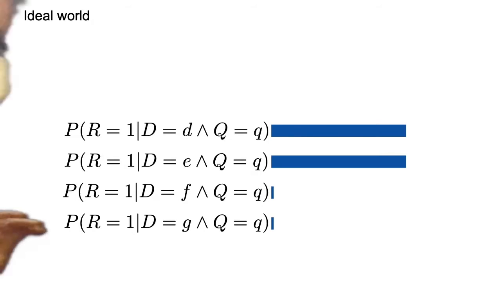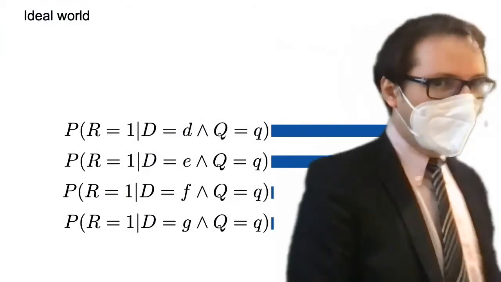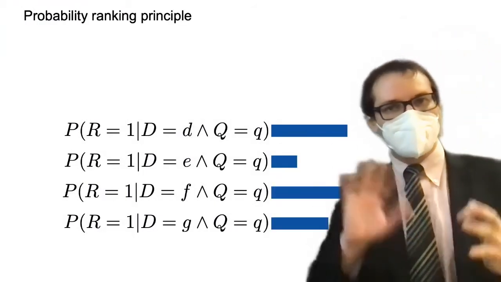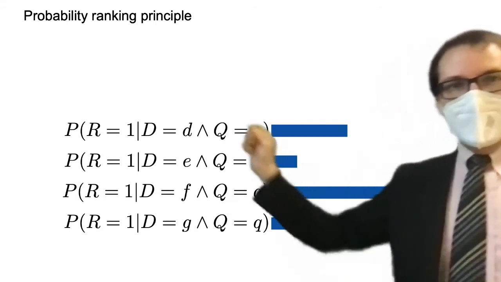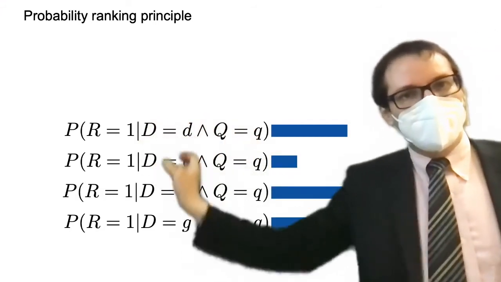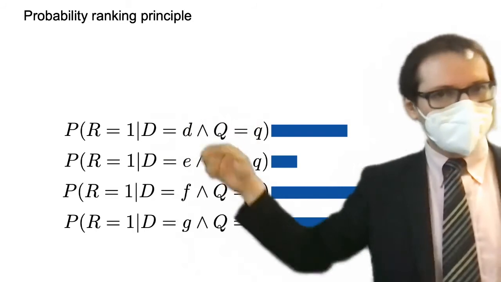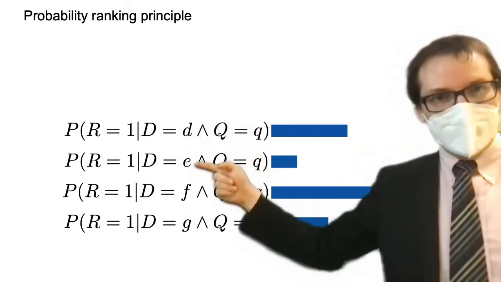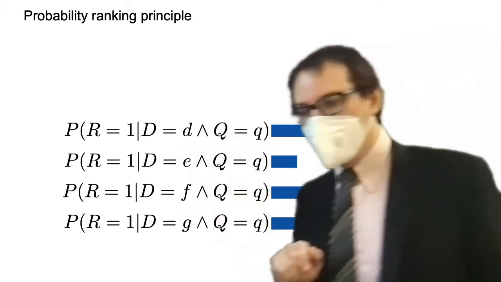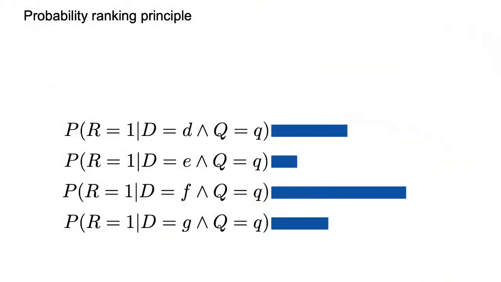However, this is not how science works. There is, of course, a consensus, but there can also be disagreements, right? So in practice, maybe they will not all agree, and you will get a specific probability, depending on this domain expert, of relevance for these 4 documents, D, E, F, and G. So now here's my question.